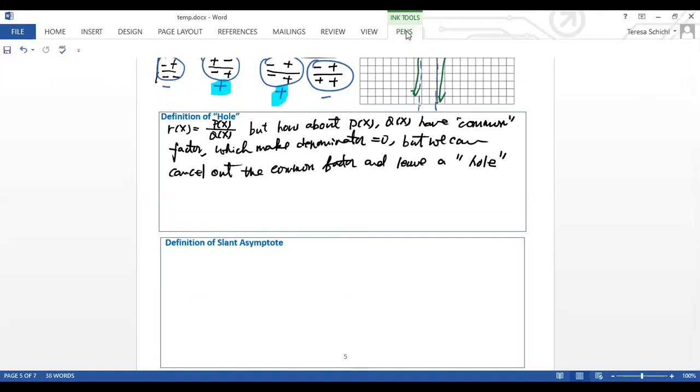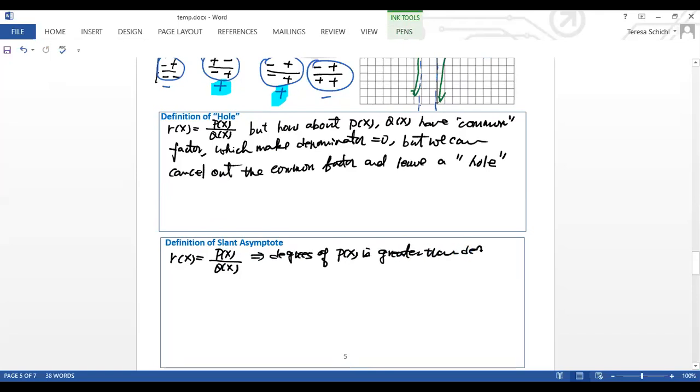So what is the slant asymptote here? The slant asymptote is another situation where R(x) is equal to P(x) over Q(x), right? So we said the degree of P(x) is greater than the degree of Q(x).